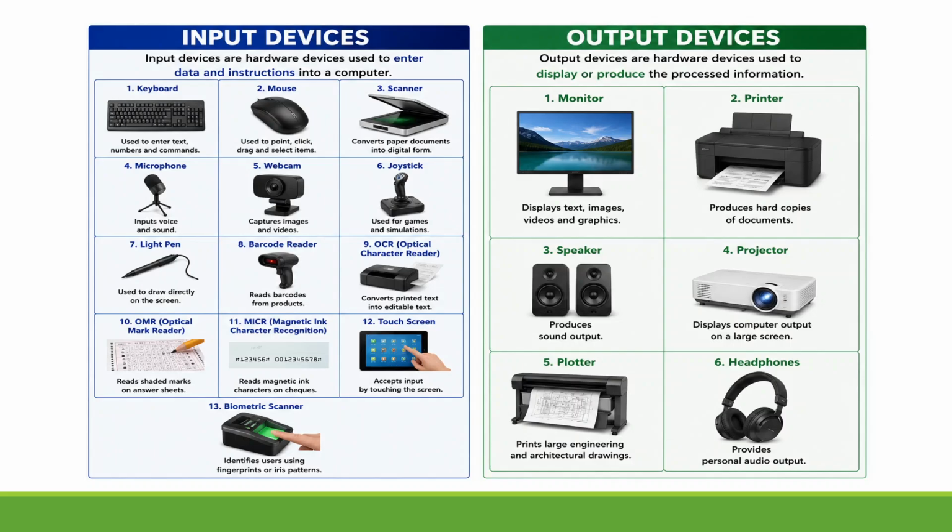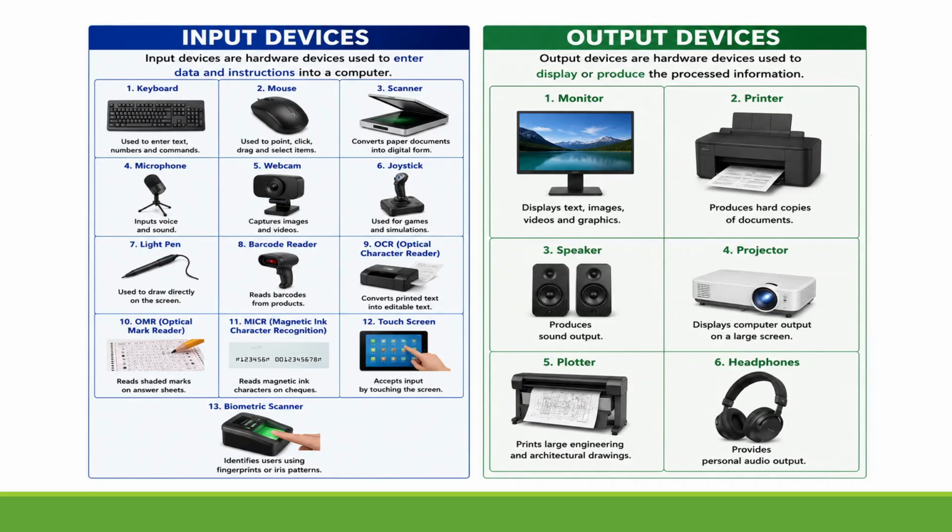If you want to select a particular object on the screen, or drag any object from one place to another, we can use one more device, that is a mouse.